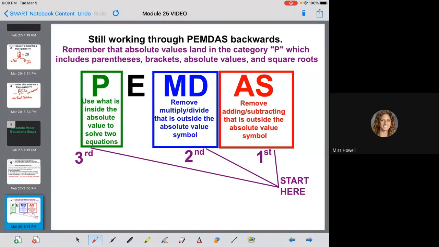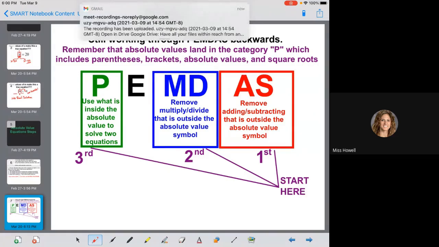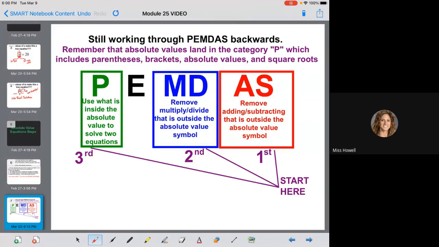When we get these absolute value bar problems, you need to remember that absolute values work like grouping symbols, which is way down here for letter P. So if outside your absolute value bars there's an add or subtract, you're going to use an inverse operation to remove that first. Then outside your absolute value bars, if there's some multiplication or division, you have to remove that second. And then you'll get down here finally to your absolute value bars.